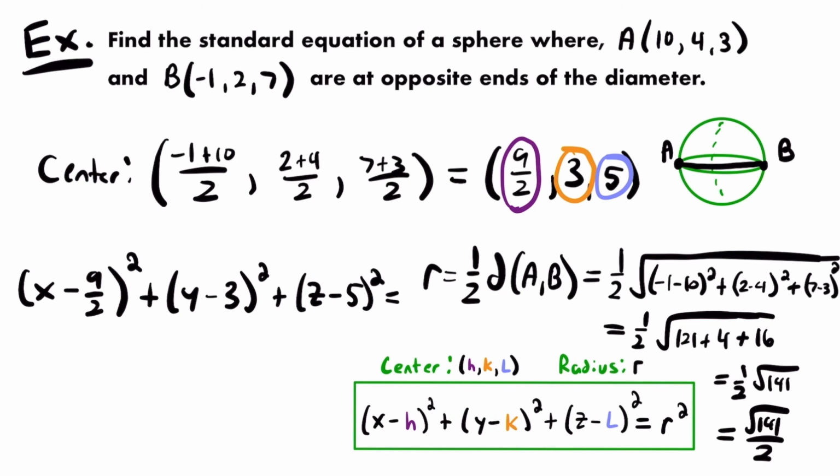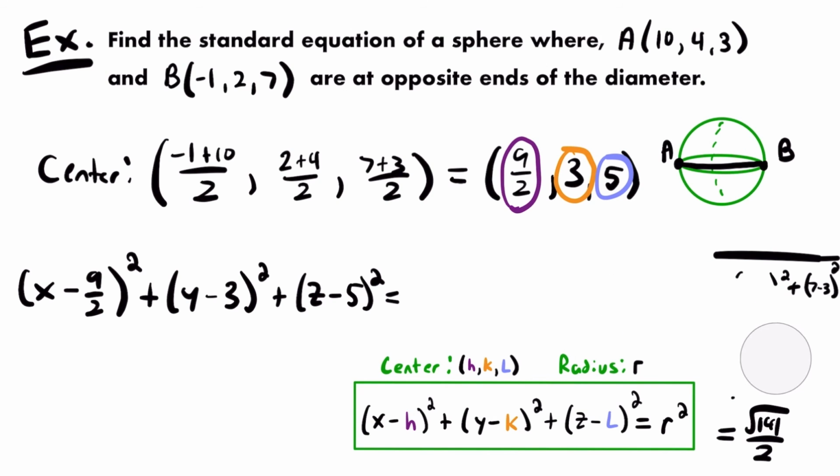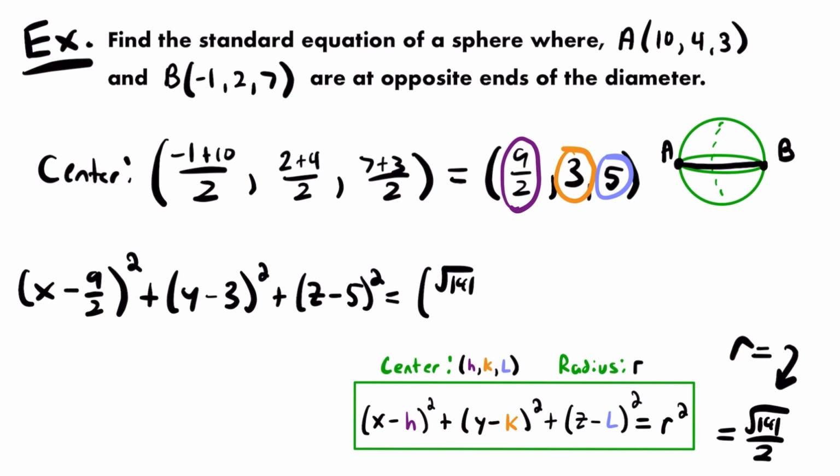and that's going to be equal to the radius squared, but I need to make some space. Remember, the radius is right down here. The radius is equal to the square root of 141 divided by 2. So we'll have the square root of 141 divided by 2, squared. Now the only thing we need to simplify here is the radius.